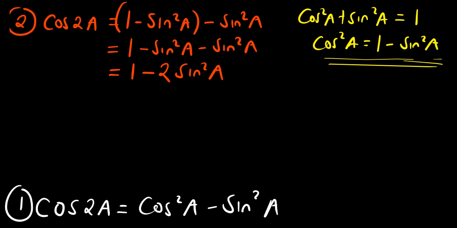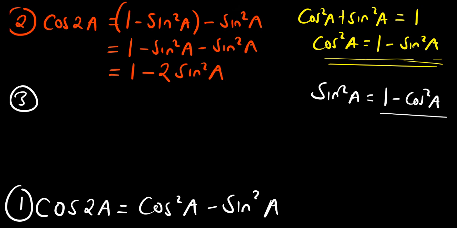Then another one that you're supposed to understand is when we replace sine. If we make sine squared the subject of the formula in our Pythagorean identity, sine squared A is the same as 1 minus cos squared A, and this is what we're going to replace here, where the sine squared A is, to find the third identity.